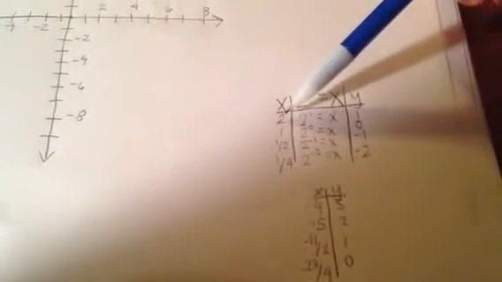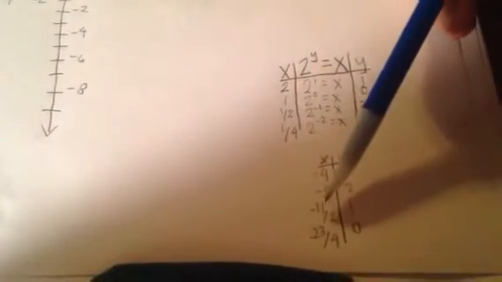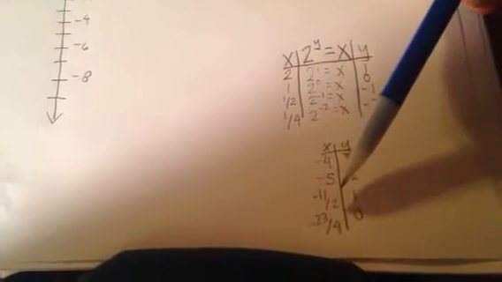So right here you take all your x values and subtract 6, so 2 minus 6 equals -4, 1 minus 6 equals -5, 1/2 minus 6 equals -11 over 2, and 1/4 minus 6 equals -23 over 4.